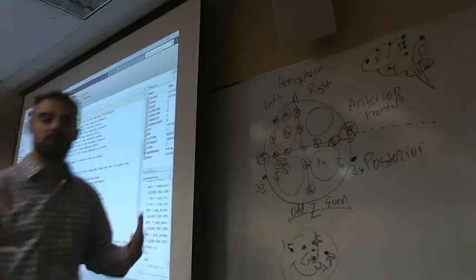Remember, the event codes are essential because they're what we're going to time lock our EEG events to and slice up the data based upon, and they're what tells us what is the conscious process that happened during this time. So it's really important, and we want to be able to slice it and look at all these different ways.